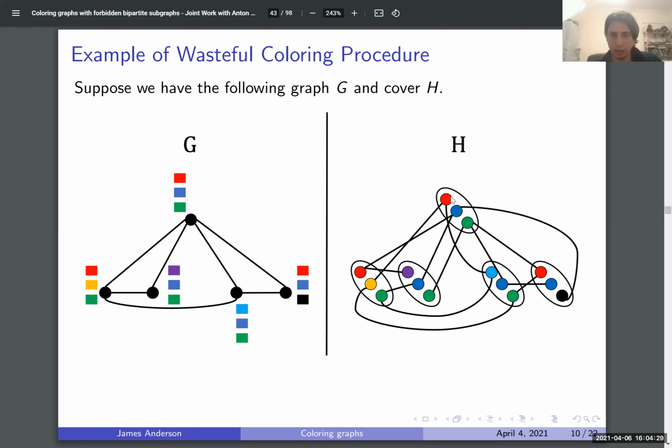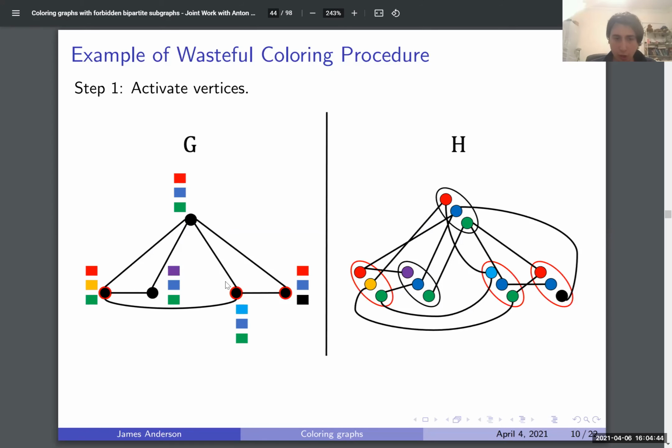We take each vertex of G and replace it with its list, and then we have these arbitrary matchings. So the first thing we do is we assign, or we activate colors of G. So suppose that these vertices down here in red get activated. And then for each activated vertex, we're going to pick a color to assign the vertex.